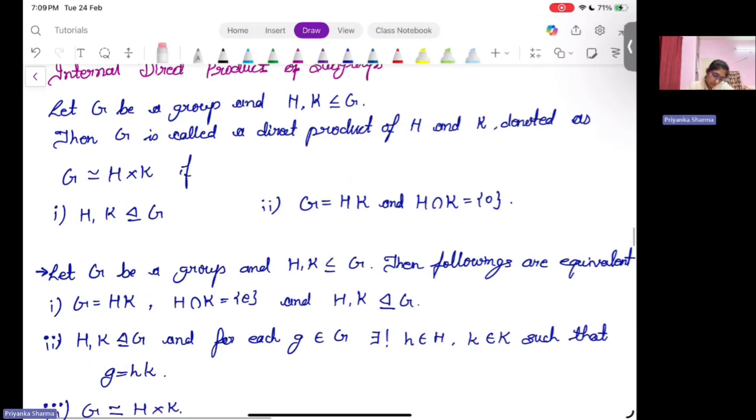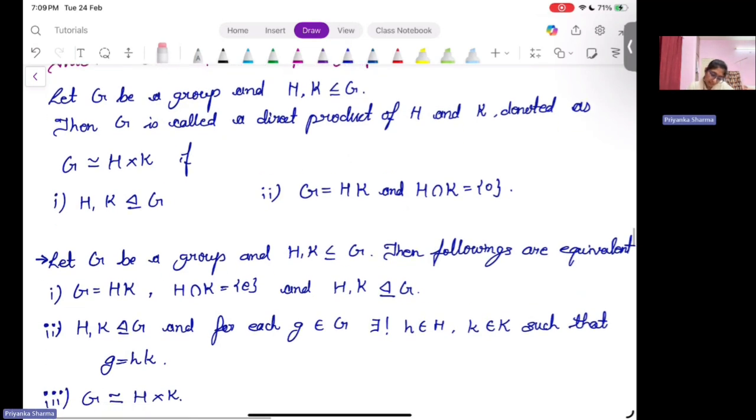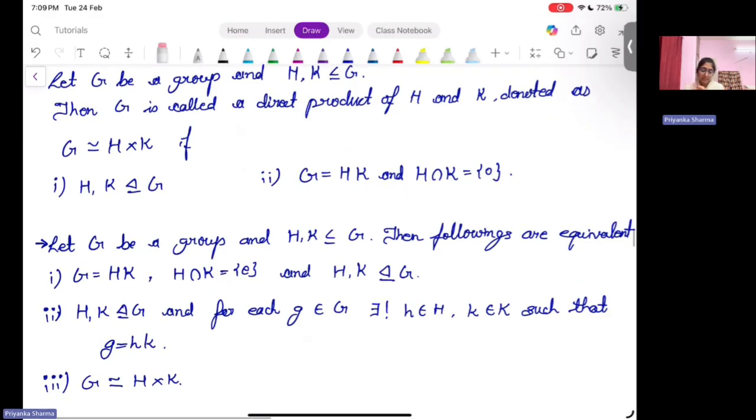G is called a direct product of H and K, which is denoted like this: G is isomorphic to H cross K, if first, H and K must be normal in G. Second, the product of H and K, that is HK, must be G, and H and K are disjoint.